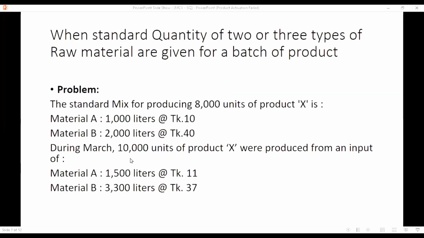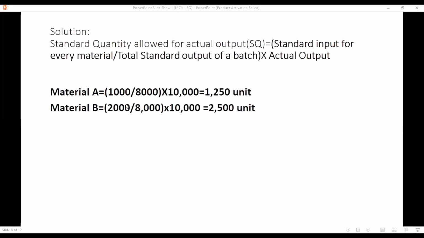Actual output was 10,000. So standard quantity for material A is 1250 units and material B 2500 units.